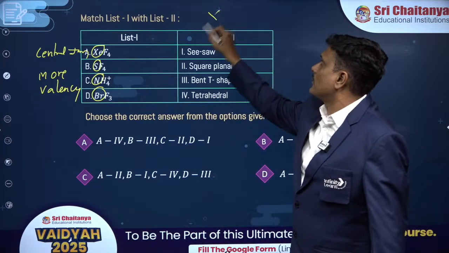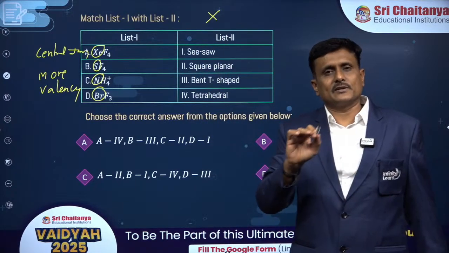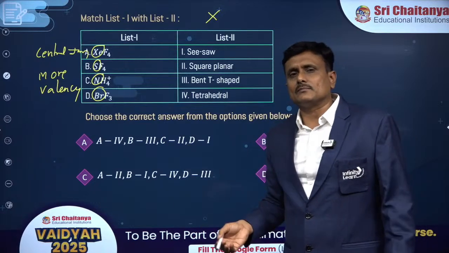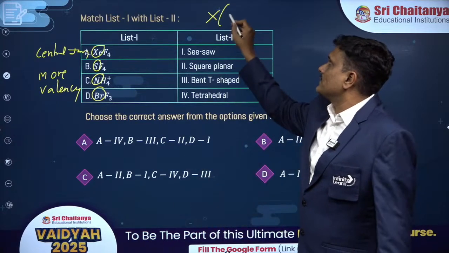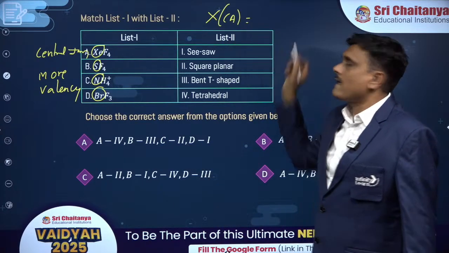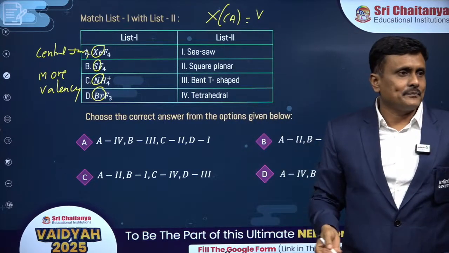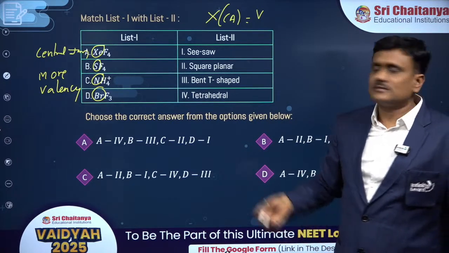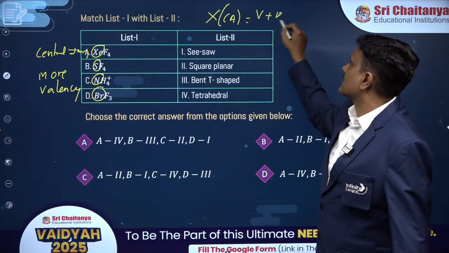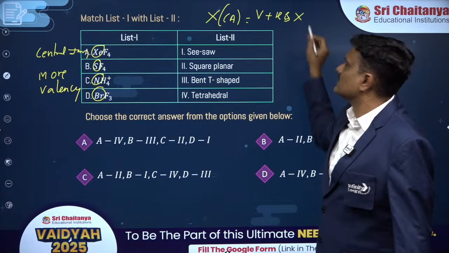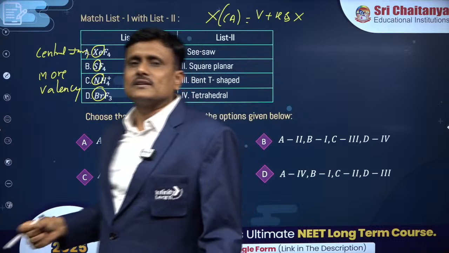Remember, there is a formula for this, an easy method. Let me explain this so that you can work out any example. X of the central atom equals valence electrons, alright, plus hydrogens and halogens. Easy formula and you will be really happy.